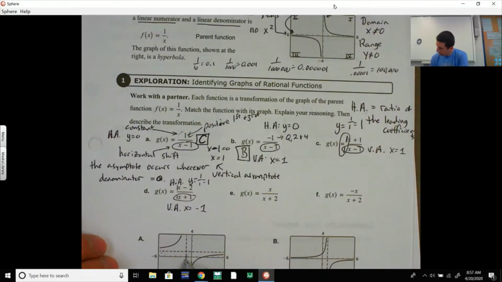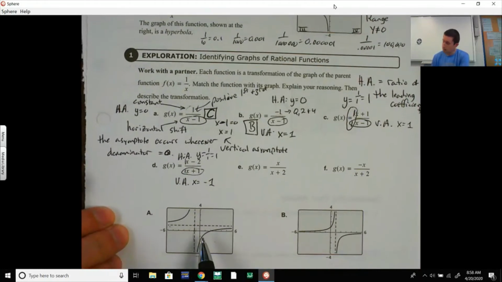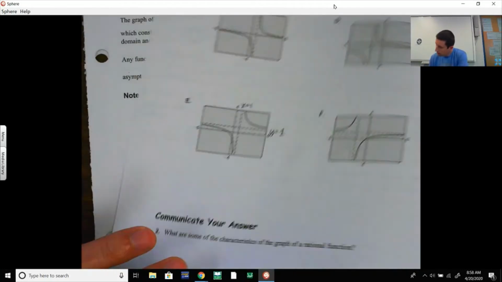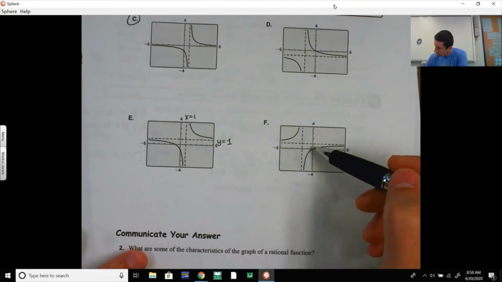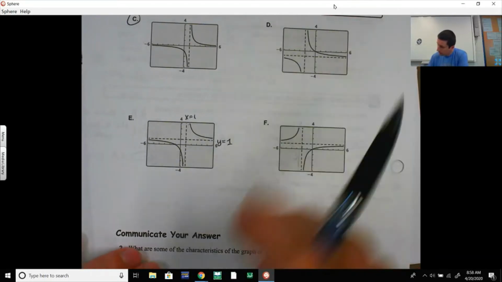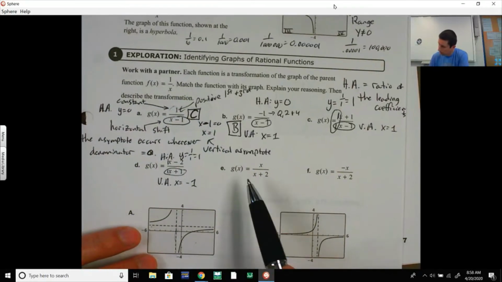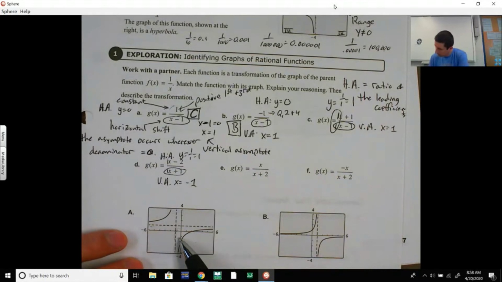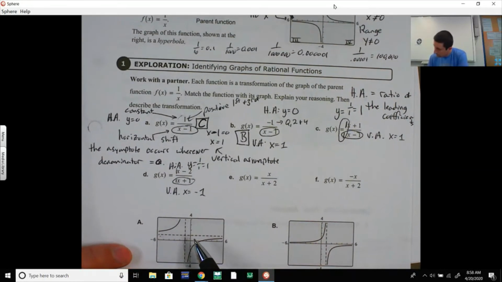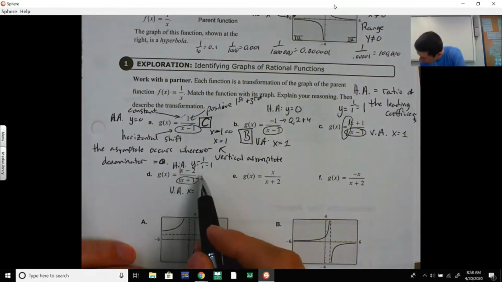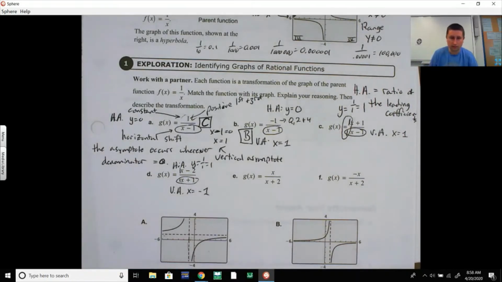That's the only one with x equals -1. Did they do something wrong? I didn't look over. There's x equals -2. You see the two -2's there, so this is the only one that's left. Hope I didn't do anything wrong.